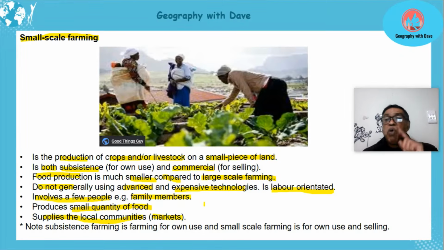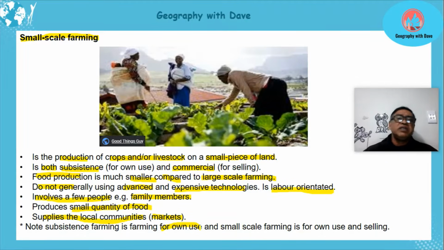Now, one important thing that you need to note, many learners tend to mix this up with subsistence farming. And we need to make it clear, I've indicated it already. Subsistence farming is basically for your own use. That's the intention. You have no intention to sell. Not that there's no trade.